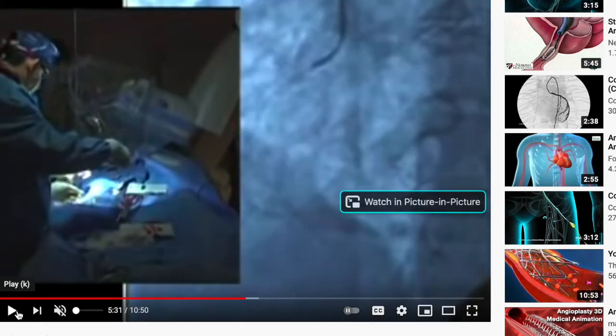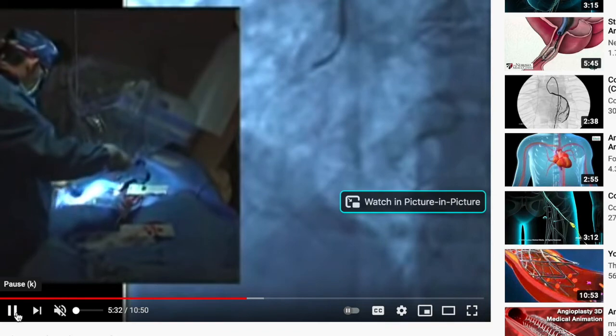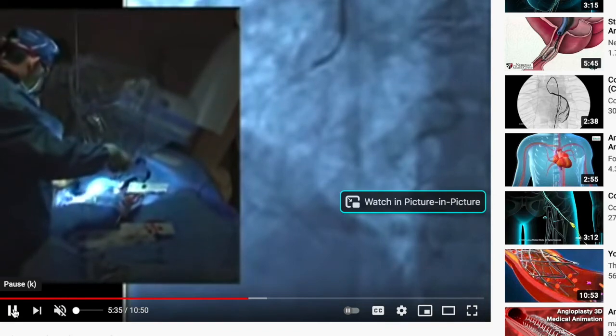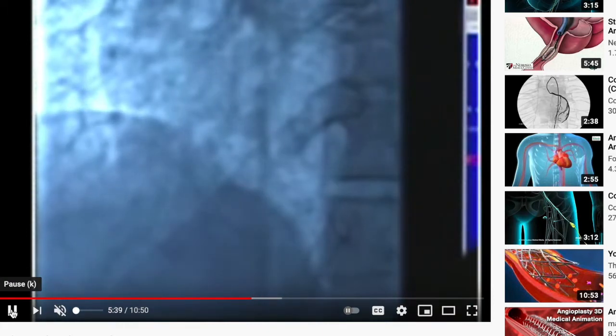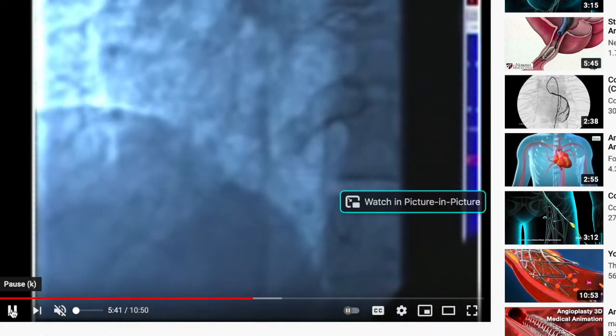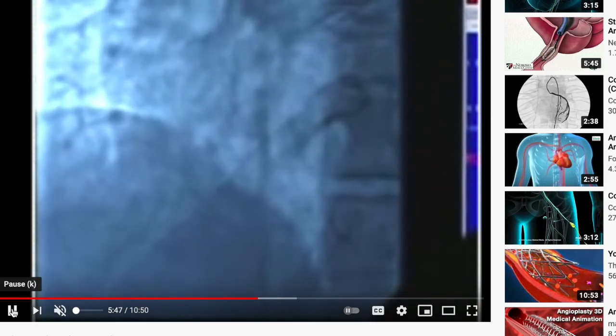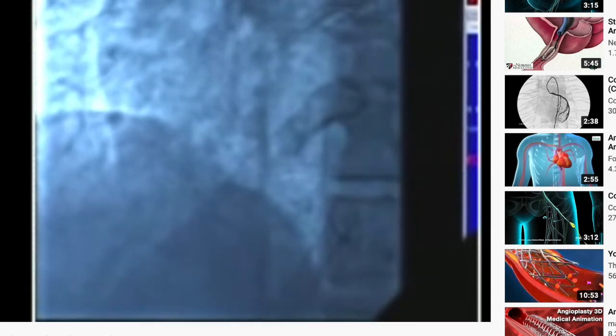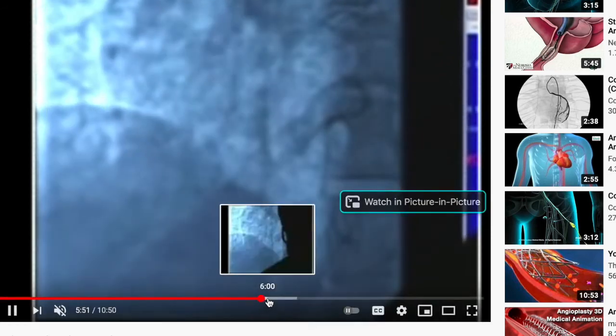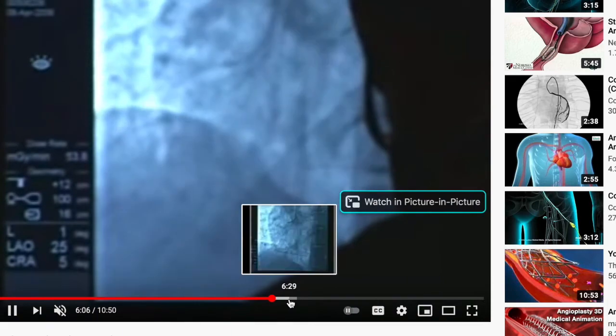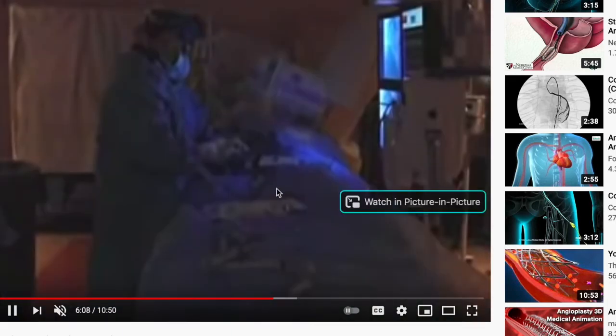I think this is where I want. Okay. So they're feeding this balloon with a wire up into the heart from the groin. And they're going to find the blockage this way. So they see where the blood flow stops, and then they feed the catheter to that part of the heart.